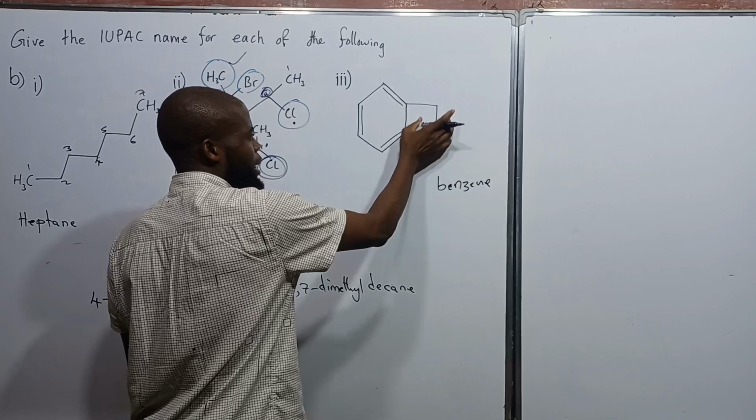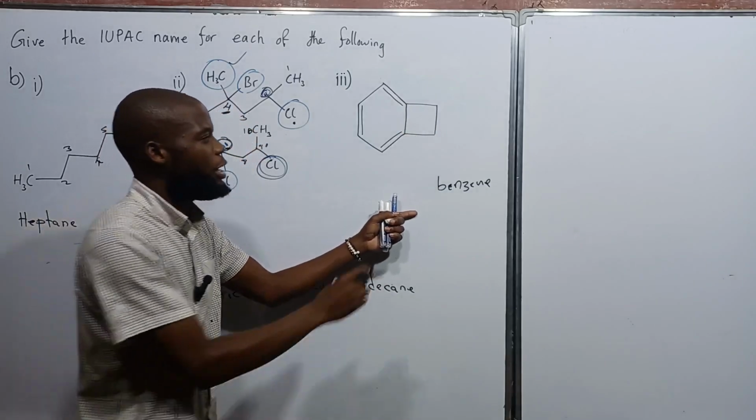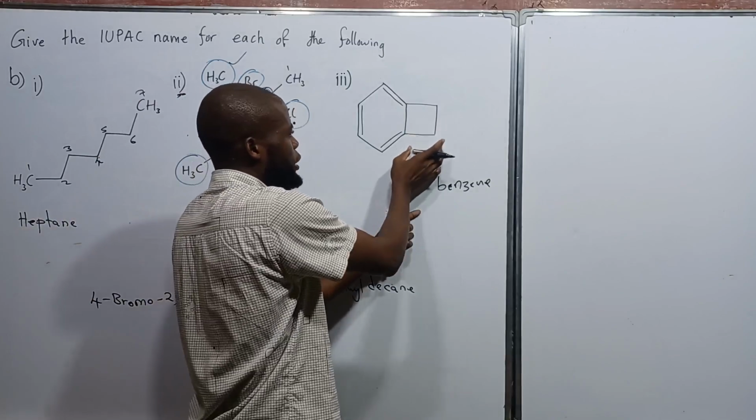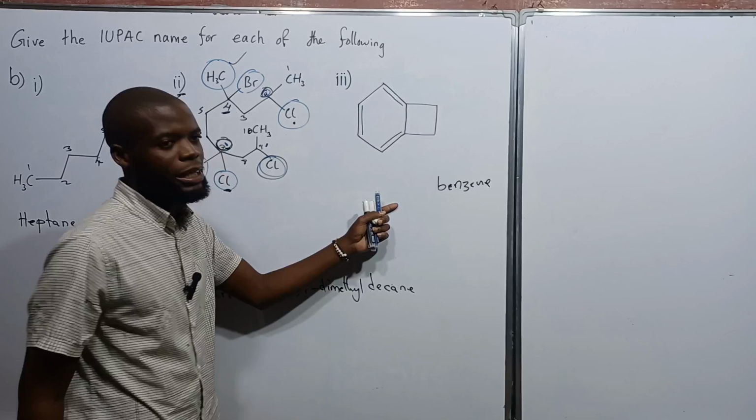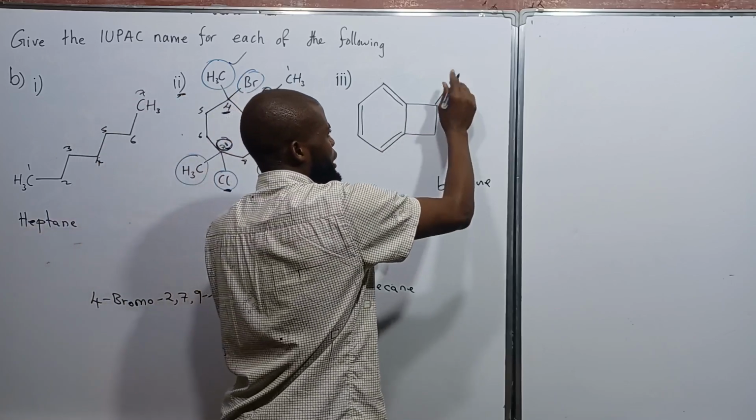Since the cyclobutane is fused with a benzene ring, when an aromatic compound is fused with another ring structure, the substituent changes.